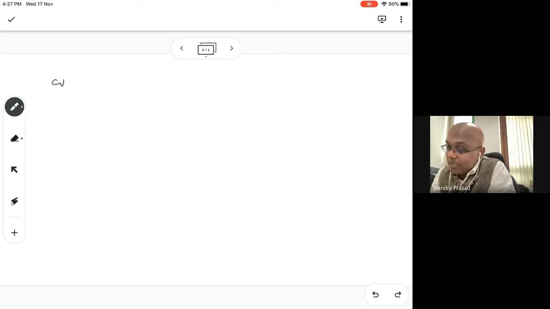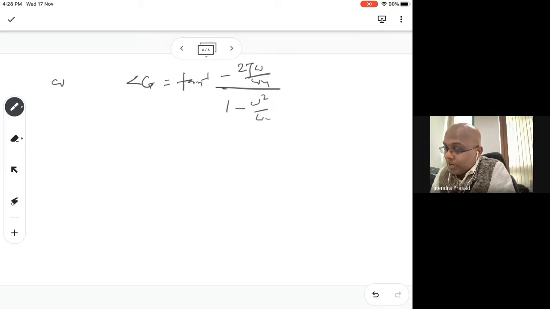So the angle is tan inverse of minus 2 zeta omega over omega n divided by 1 minus omega square over omega n square.